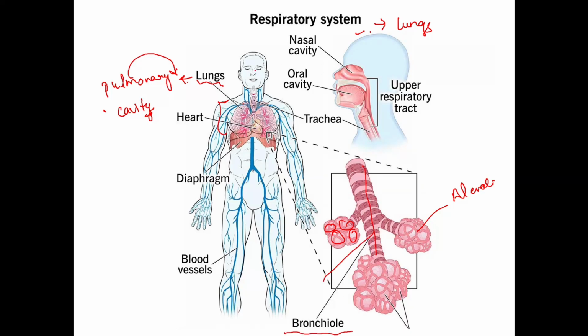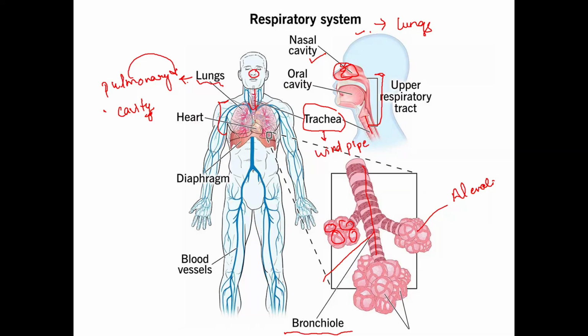Starting from the nose, we have the chamber inside the nose called the nasal cavity. This is the upper respiratory tract, which includes the nose and nasal chamber, and the initial part of the trachea. The trachea is called the windpipe.